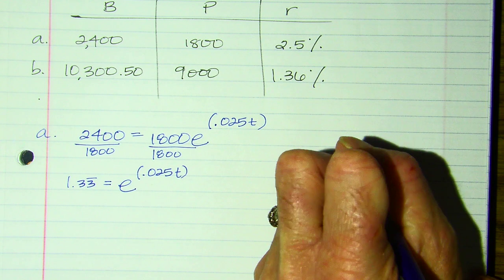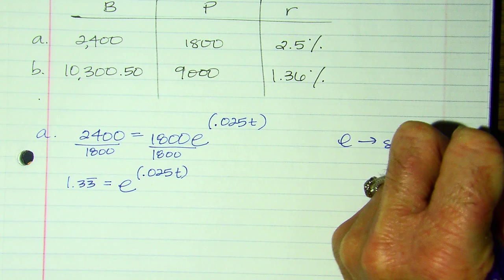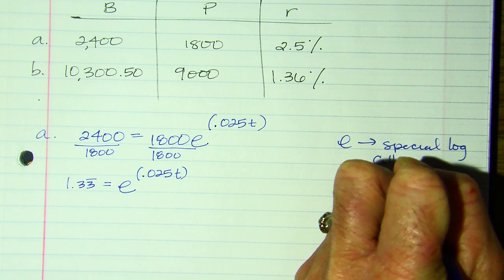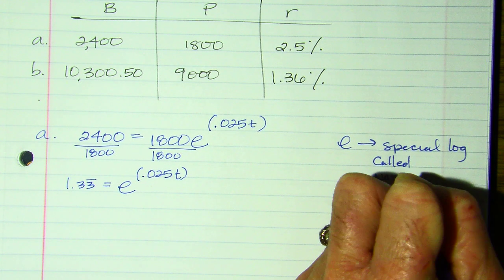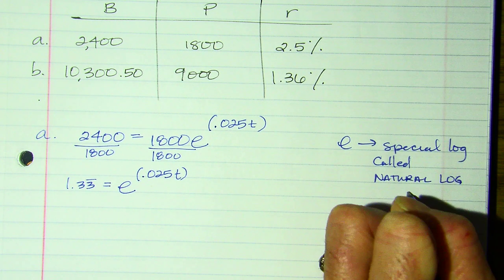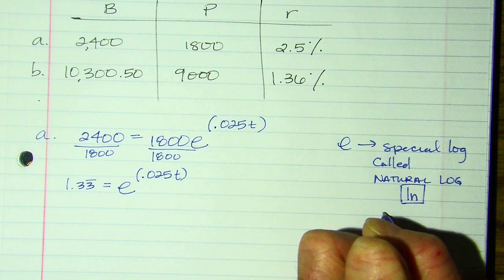Now, e has a special log called natural log, and in your calculator it's lowercase l n. That's the button on calculator.